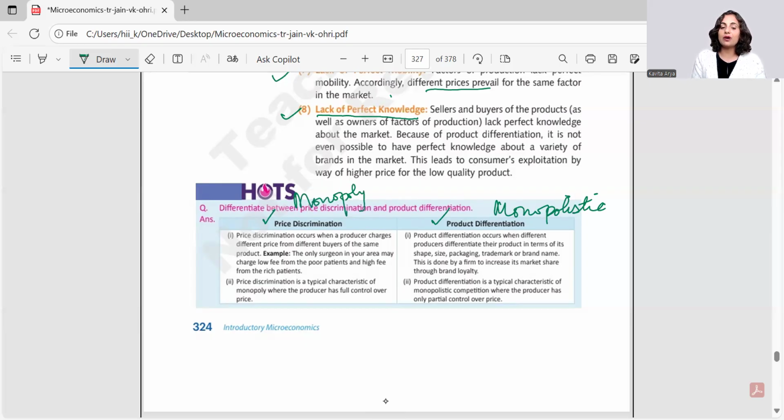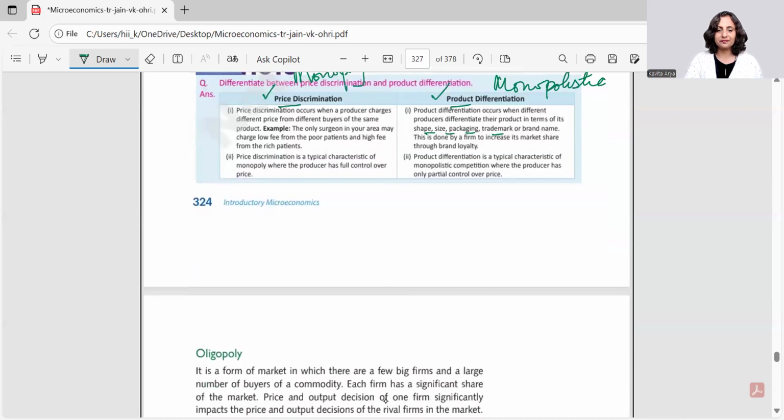This is the feature of the monopoly market. When the same product is sold to different people at different prices, this is called price discrimination. But product differentiation means when the product is shown to be different on account of shape, size, packing, design, brand name. So this is called product differentiation.